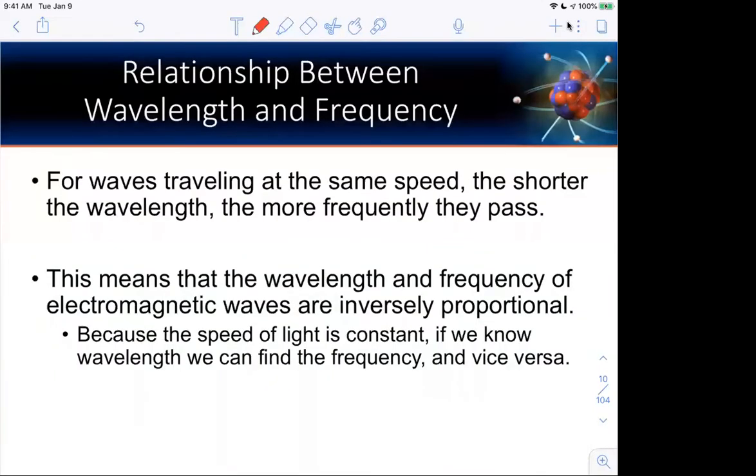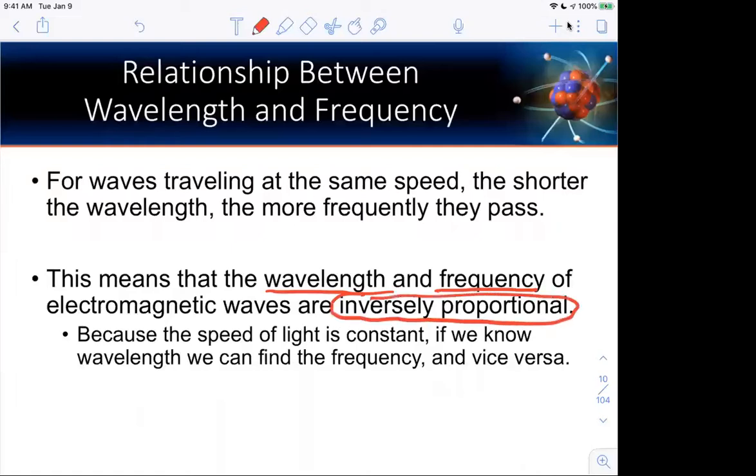So, for waves traveling at the same speed, if they have shorter wavelengths, they have a higher frequency, right? The shorter the wavelength, the more frequently they're going to pass that given point in space. So wavelength and frequency are inversely proportional.